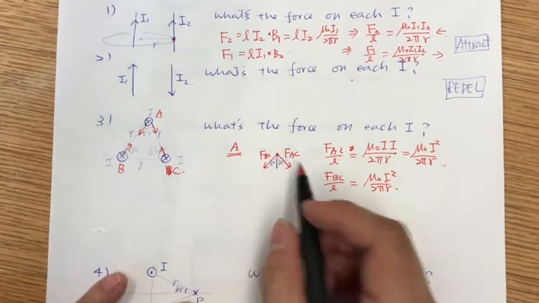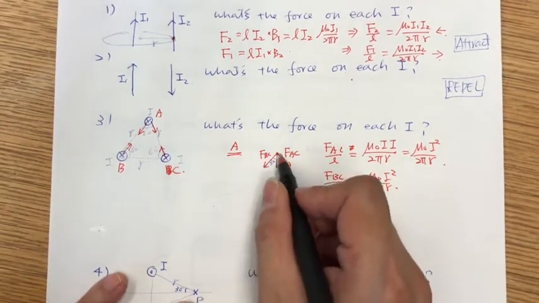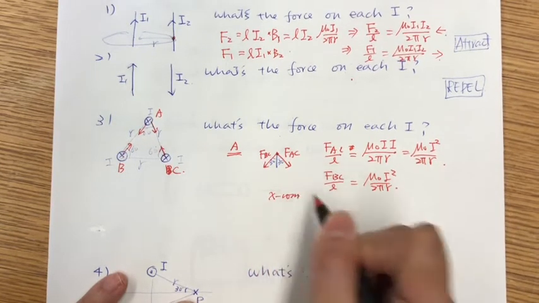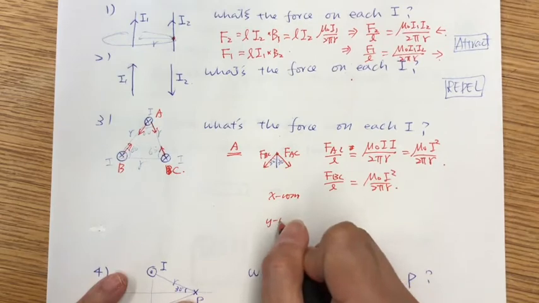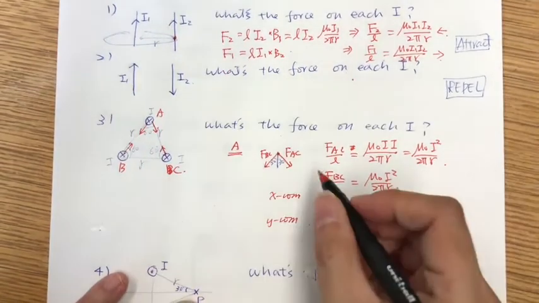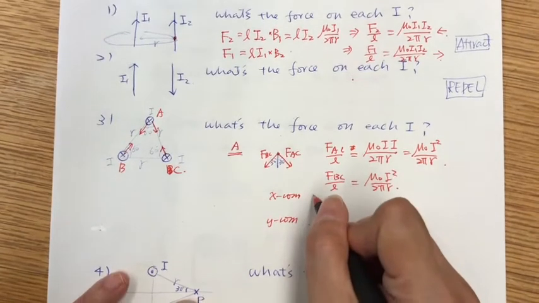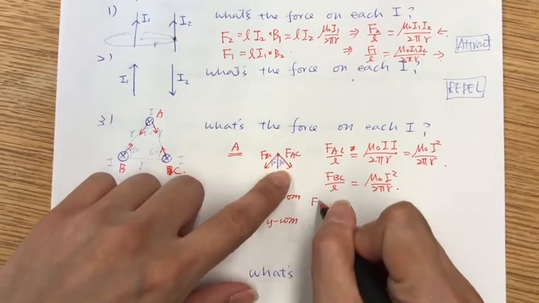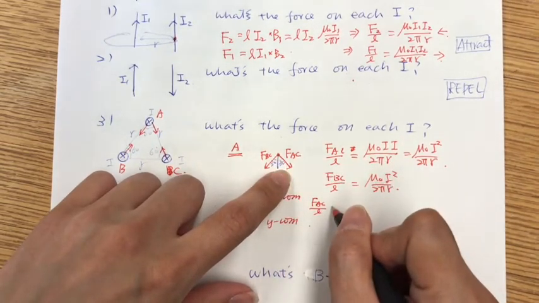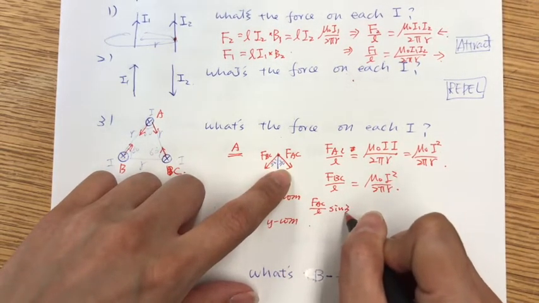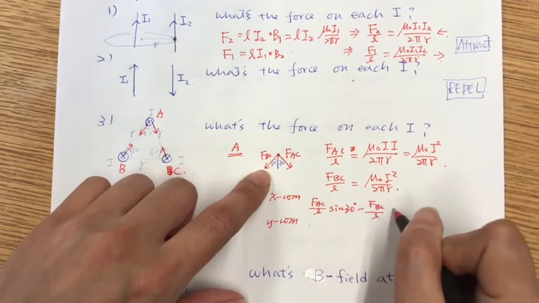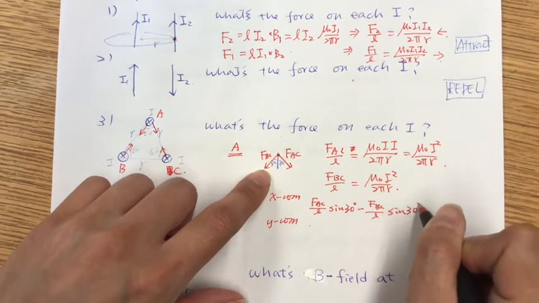So now if we want to add up these two forces, we want to do the x component and the y component. For the x component, we have FAC over L times sine 30 minus FBC over L times sine 30.